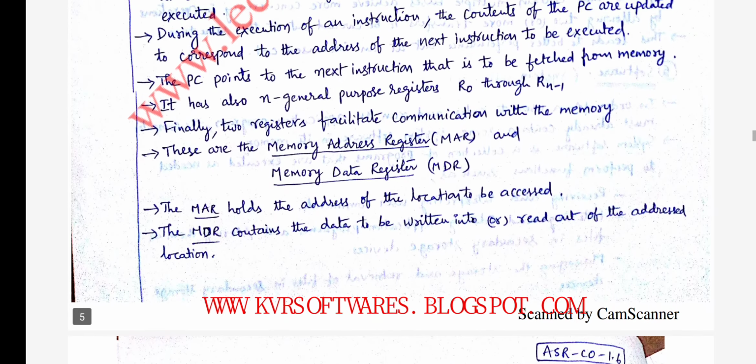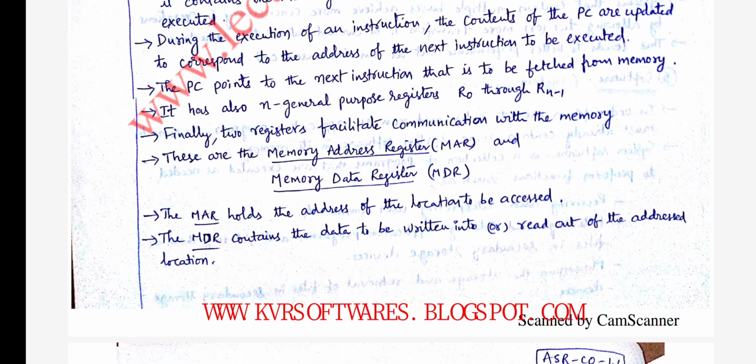And MDR, that is data, which contains the data. The MDR contains the data to be written into or read out of the address location. Hope you understand the difference between these two, MAR and MDR.